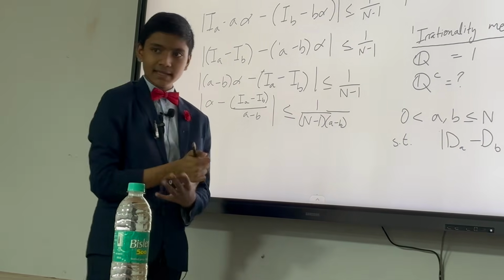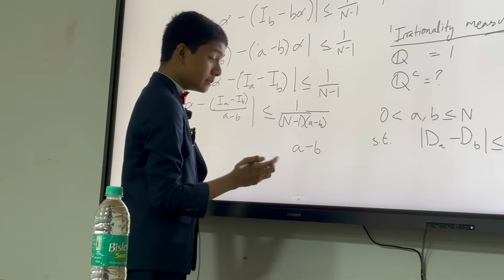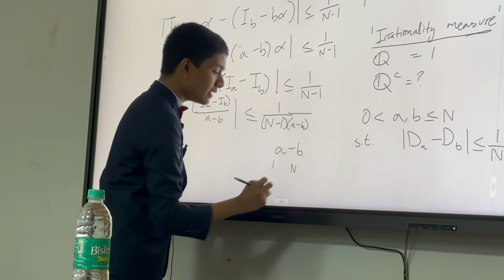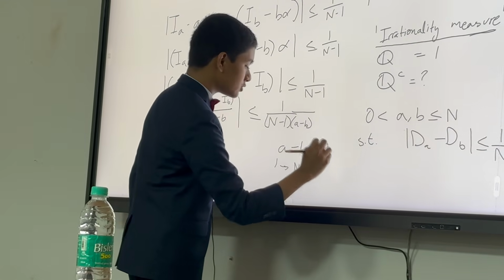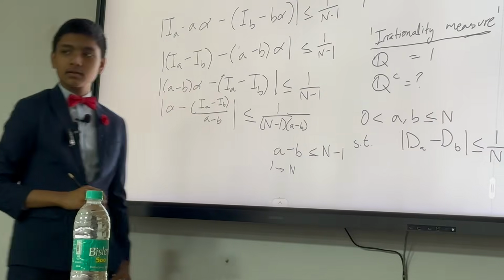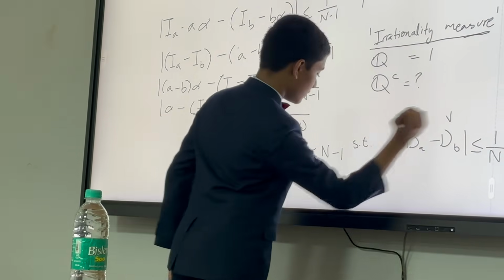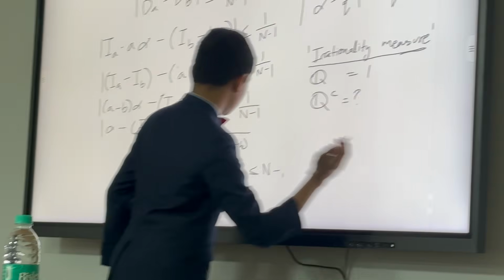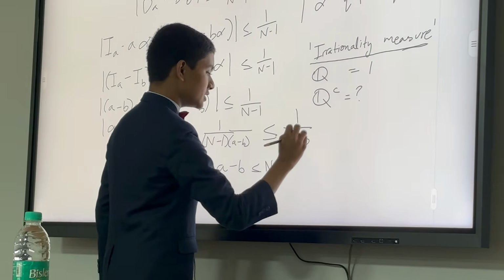And as long as A and B are distinct, we are guaranteed that since A and B can range from 1 to n, there is no way A minus B is greater than n minus 1. Which means that this fraction, of course, will be less than or equal to 1 over A minus B squared.